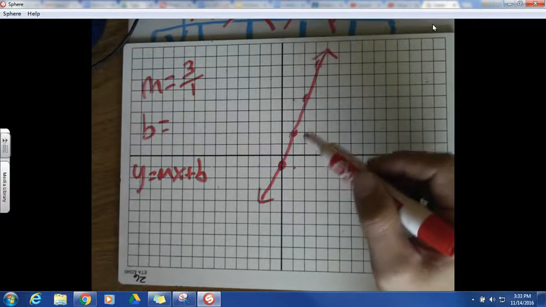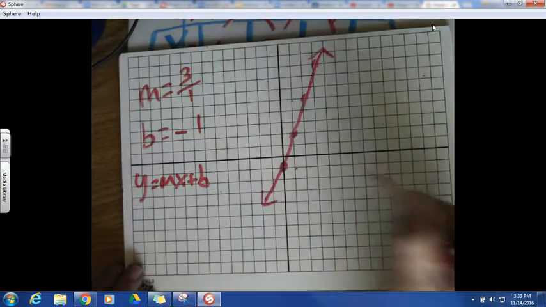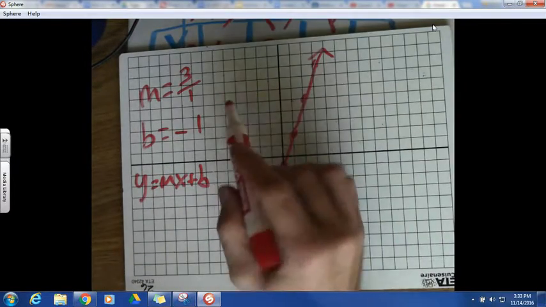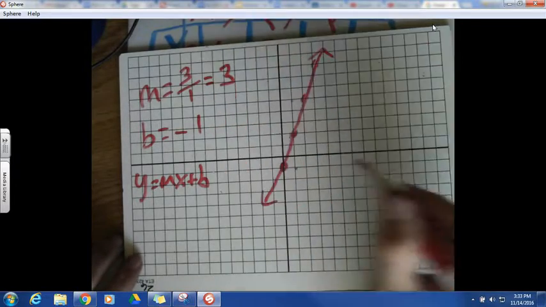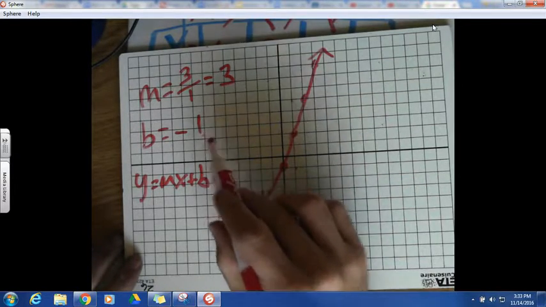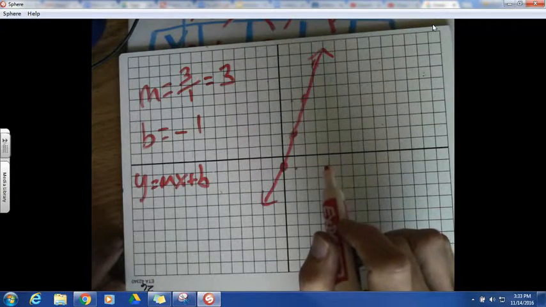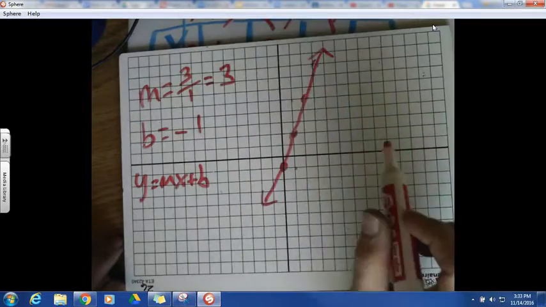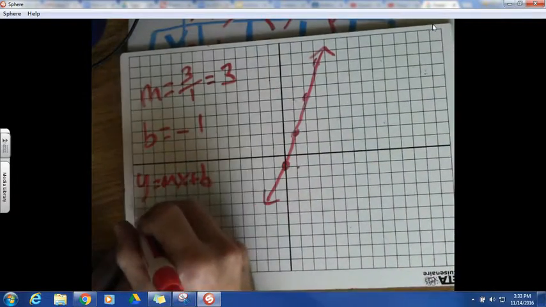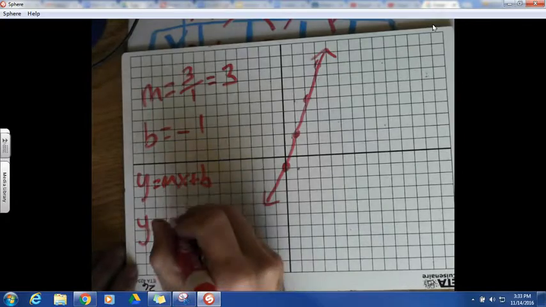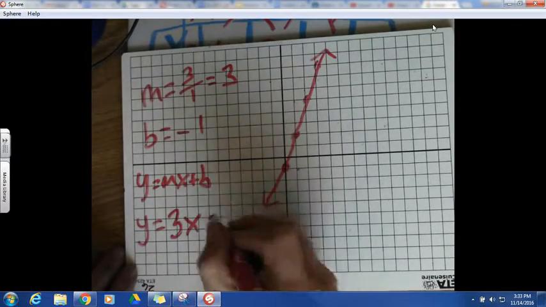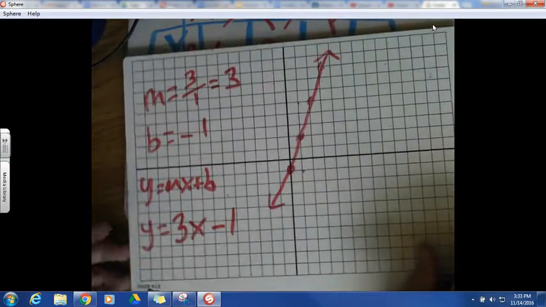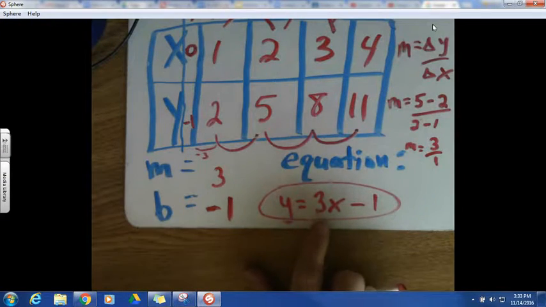So your line crosses the y-axis right at negative 1. Your slope is 3 over 1, or 3, and your y-intercept is negative 1. Therefore our equation is y equals 3x minus 1. Same thing we got here.